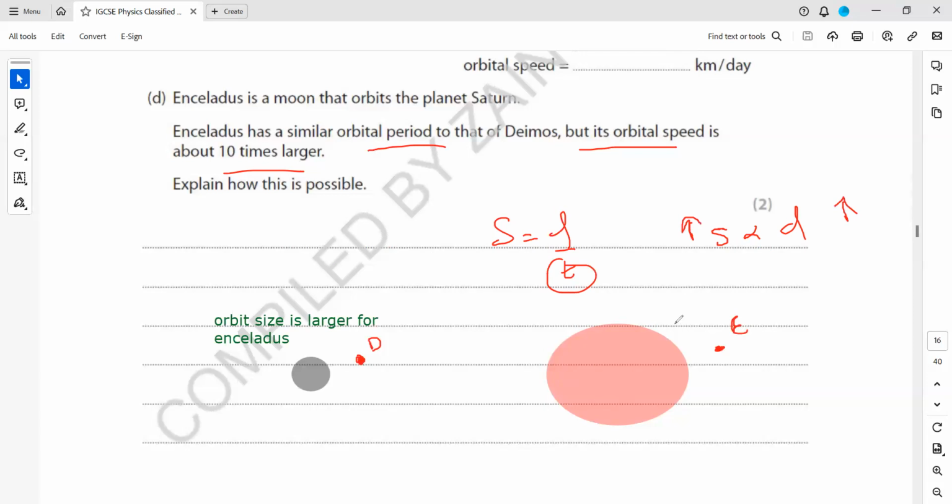So you'll mention Enceladus has a greater distance from the planet, or the orbital size is larger. As a result, it is moving at a higher speed, which keeps the time constant. Like they take the same time, say 20 hours. Both take the same time even though their orbits are different, because this one is moving faster than the other.